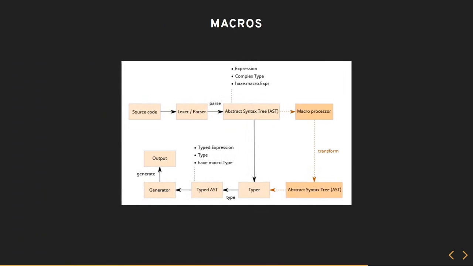And the final topic of this talk is macros or metaprogramming. So how it's different inside of Haxe versus a lot of other languages like C++ is that in C++, for example, you're going to be able to do metaprogramming at the source code layer, which means you're going to practically replace some text by other text.